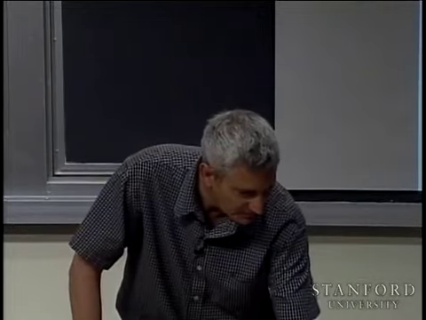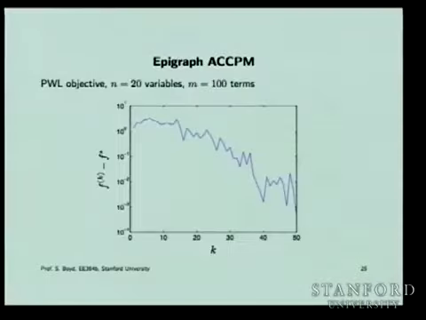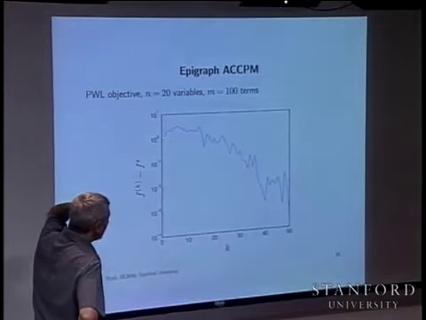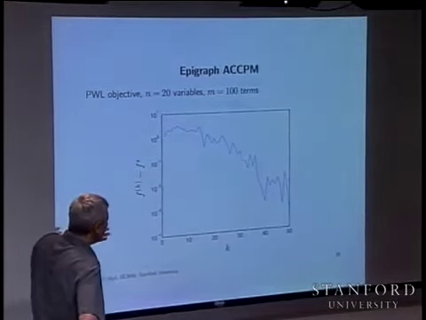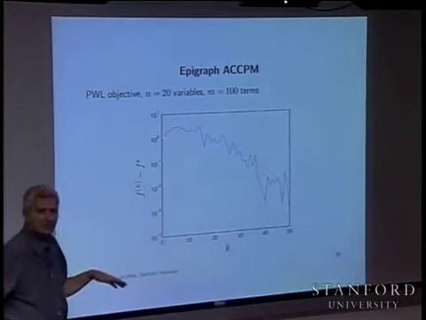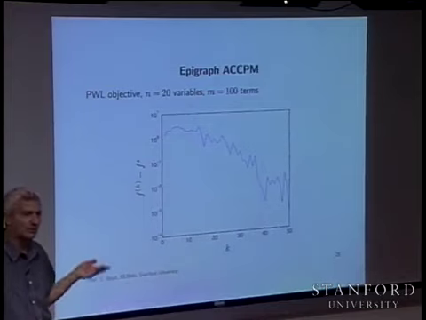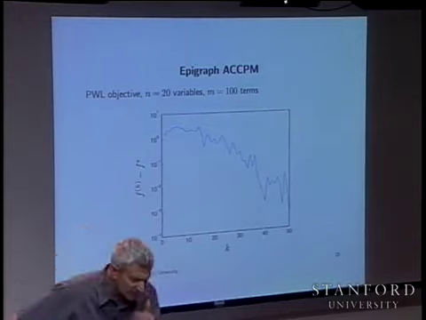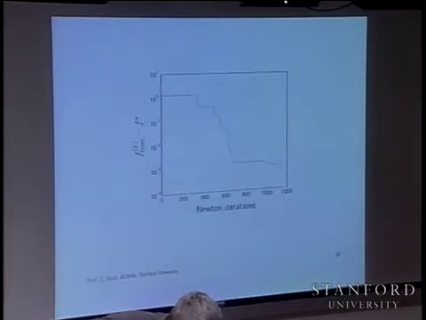Okay. Now, if you do the epigraph analytic center cutting plane method, so now you have 20 variables and 100 terms, and what happens is you divide roughly. I think this actually goes way down here. So you're dividing the number of steps required by just a factor of 4 or something, and that's it. I don't think I'm showing f best here, am I?